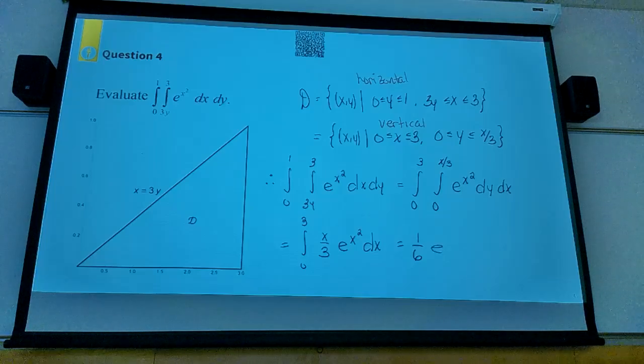And the antiderivative of e to the u is e to the u. So we get e to the 9th minus 1 all over 6.